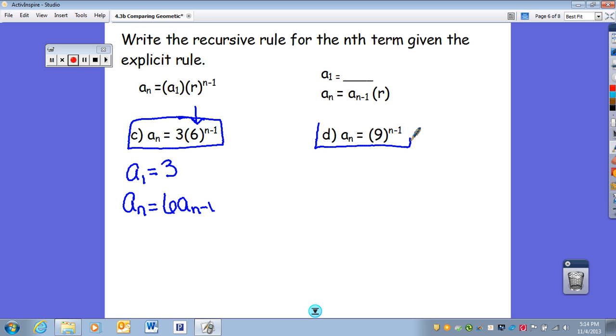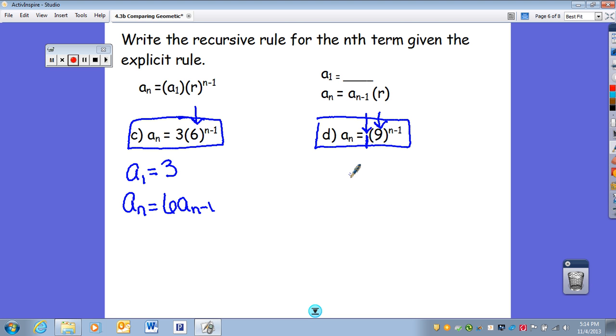Here is my next example. This is my rate because it is to the power. My first term would be located right here. And I don't see a first term, but remember, we always understand that the number 1 is written in front of the 9, or in front of whatever variable I'm talking about.